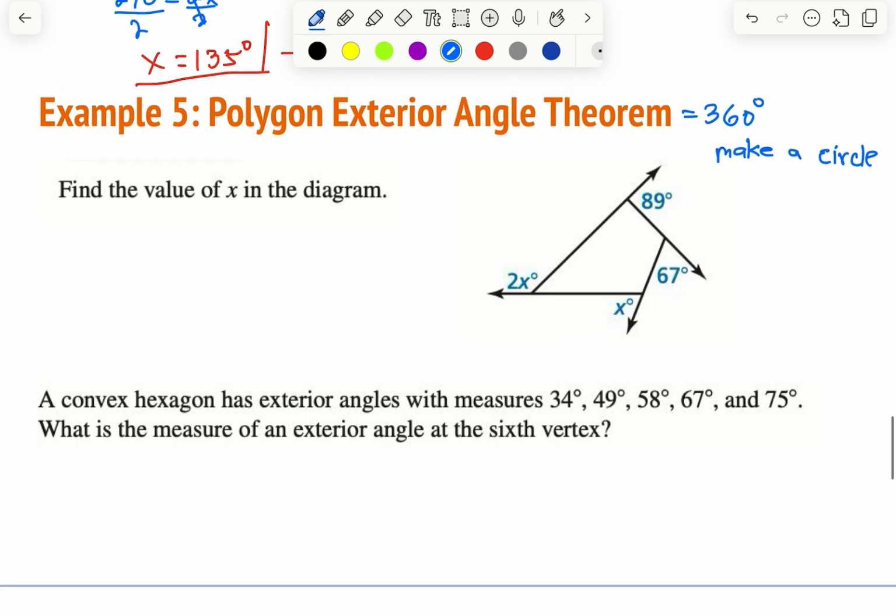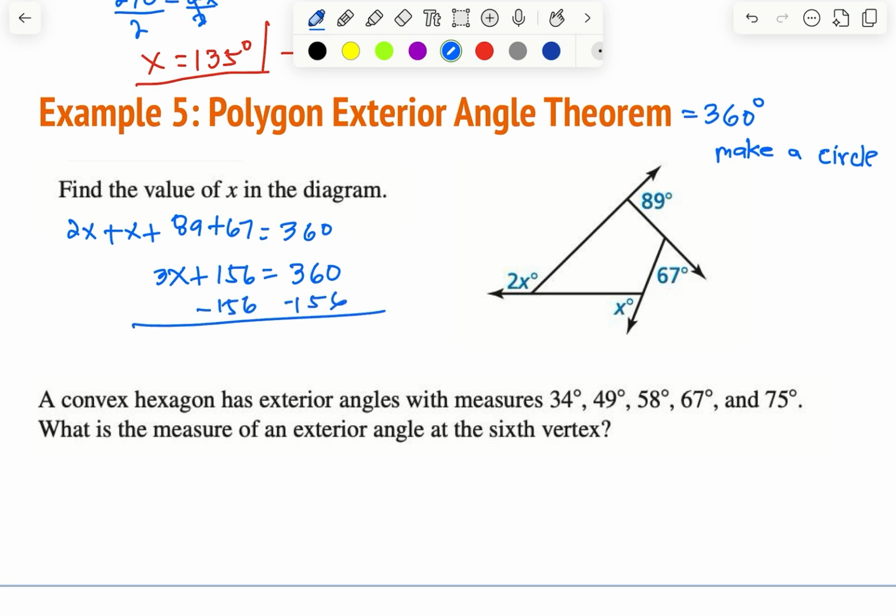Let's add all of the given. 2x plus x plus 89 plus 67 is equal to 360. Then 3x plus 156 is equal to 360, and minus 156 gives me 3x is equal to 204, and dividing both sides by 3 gives me the value of x, 68 degrees.